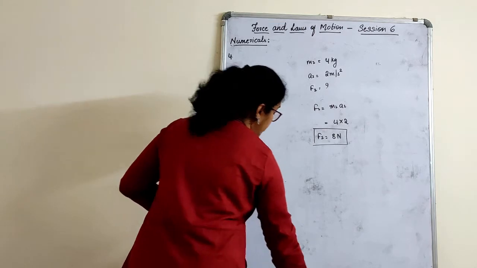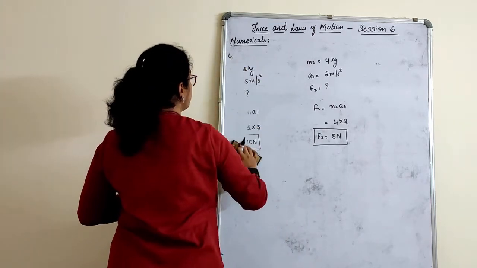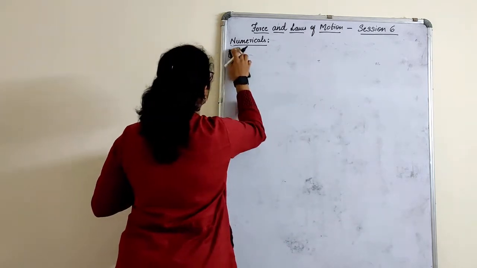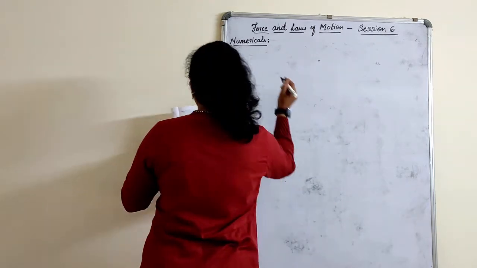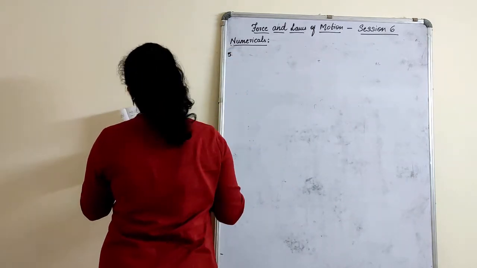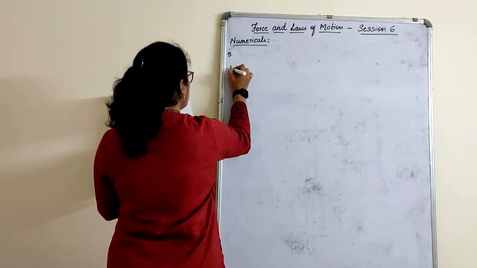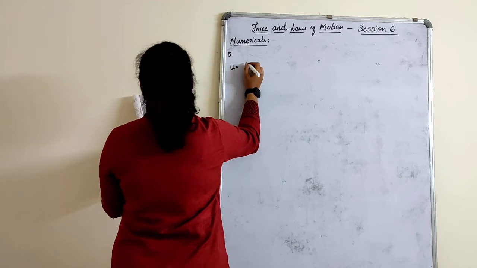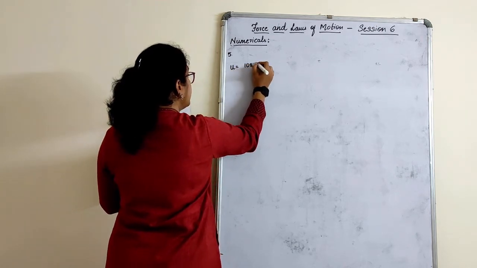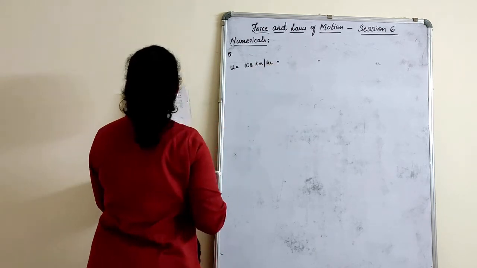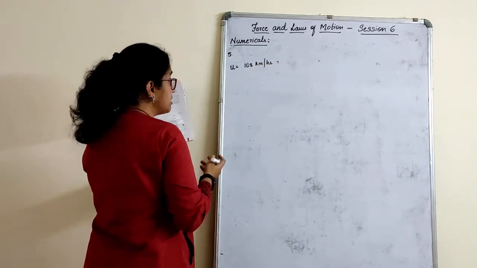The next one, fifth one. A motorboat is moving with a velocity, so it is u, 108 km per hour. Convert this because the whole question is in terms of seconds.